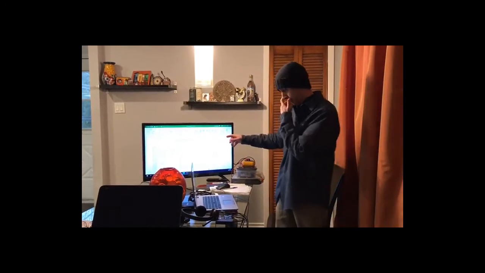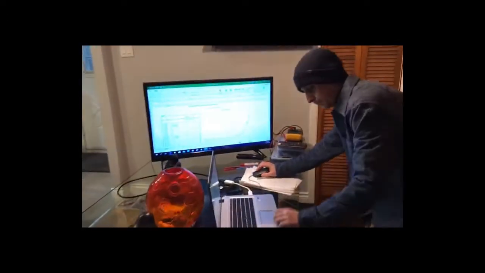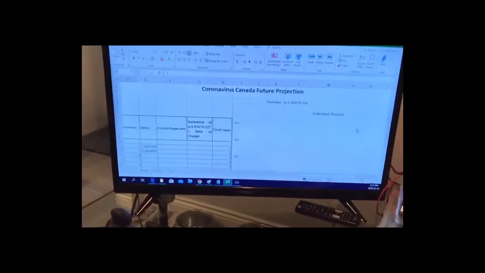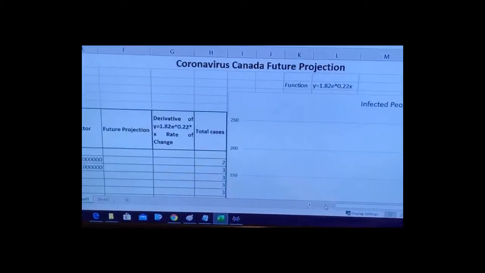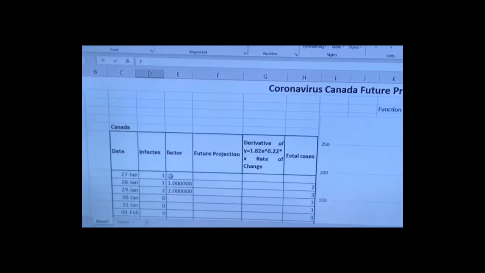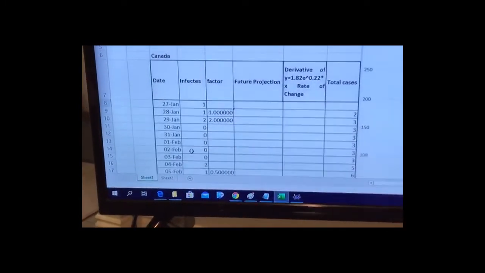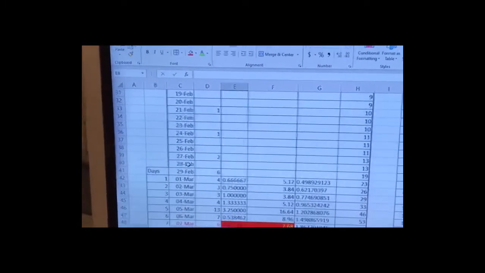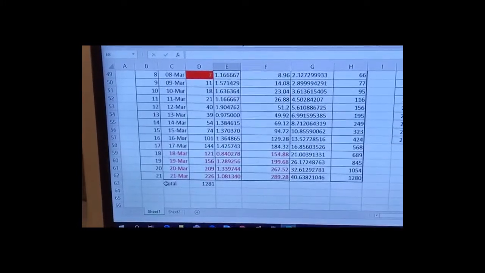Here, I'm going to try to increase the information here. We have a table I created, and in this table, I don't know if you can see here, all the information about the infected people from the first day until March 21st.